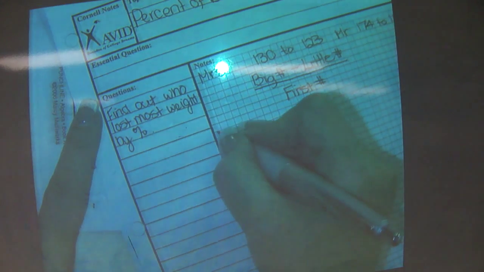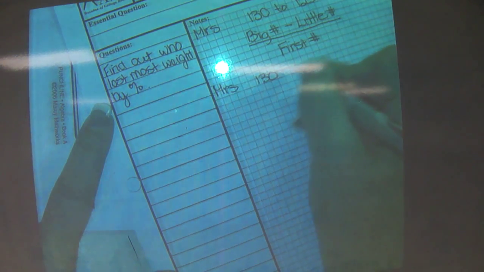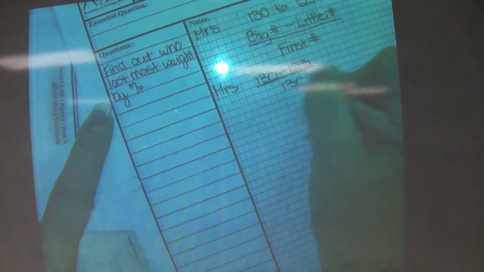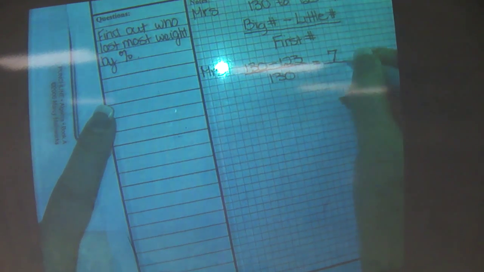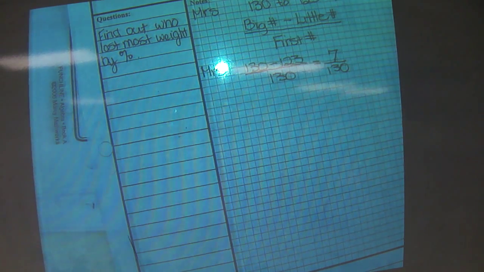So for Mrs. Quark, she started at 130, and that's the big number, minus 123, and we divide it by 130. So 130 minus 123 is 7, divided by 130. So we're going to end up with a percentage, aren't we? Because 130 doesn't squeeze into 7, does it? Nope.